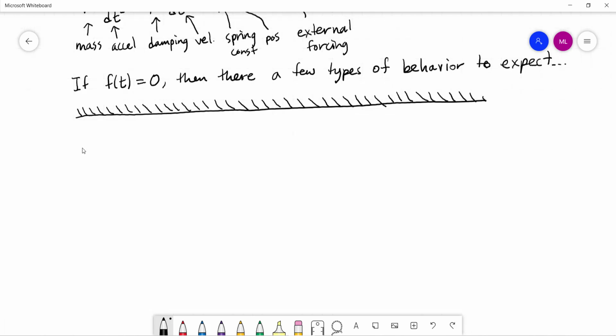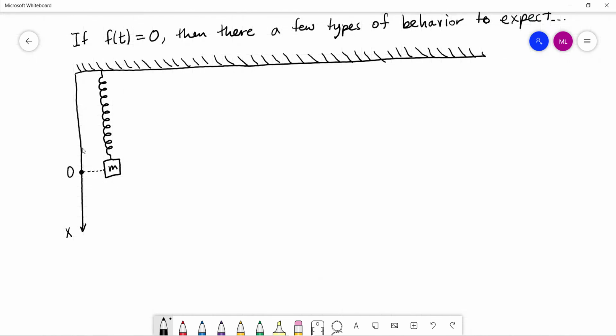And we have case number 1. We have the mass hanging down here, and it's not moving at all, right? So let's draw our x-axis here. This is our x-axis, and again, right now I'm going to call this position 0, essentially.